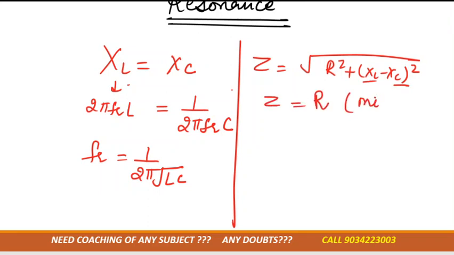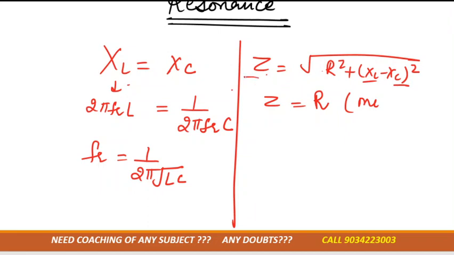In this case, is impedance minimum or maximum? If Z is equal to R, is impedance decreasing or increasing?